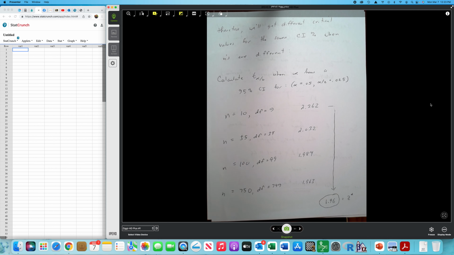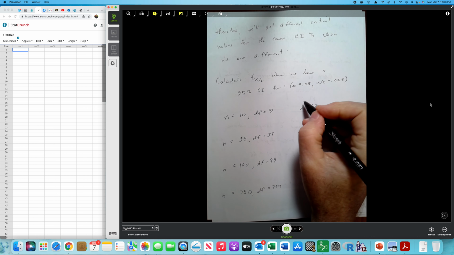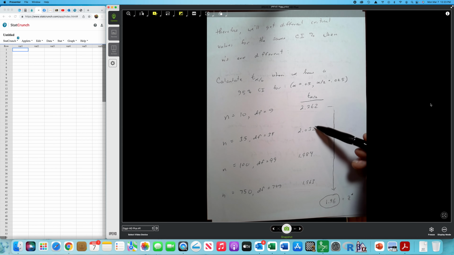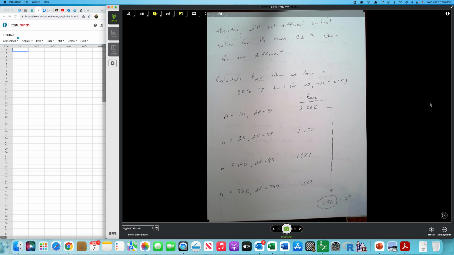One thing I want you to notice is that as our sample size got bigger, our sample sizes got larger here, what happened to this t critical? And these are t alpha over 2. Well, they get closer and closer and closer to 1.96, don't they? Which, as I told you previously, the t distribution will get closer to the z distribution.